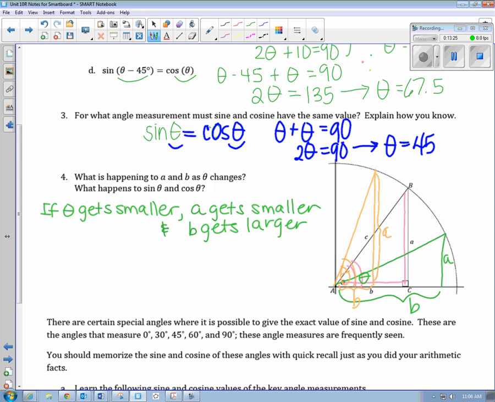So I'm going to summarize that by saying that if the theta gets larger, A gets larger, and B gets smaller.